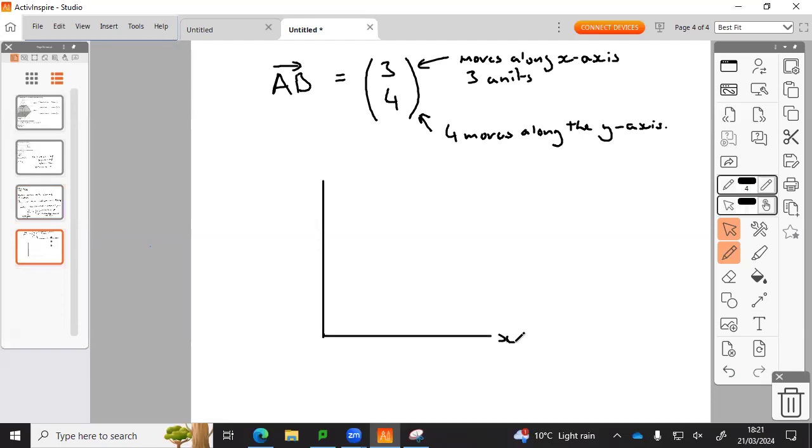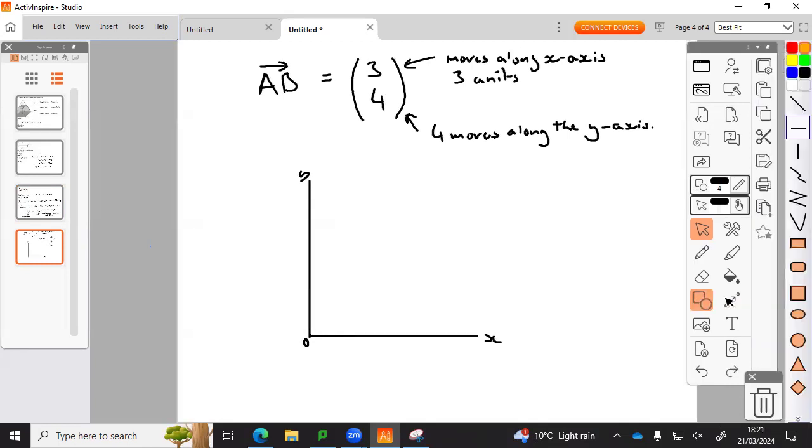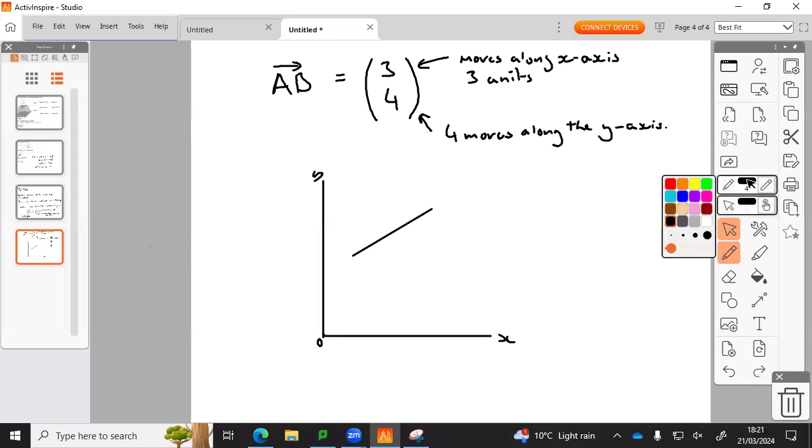Okay, so if I'm just drawing out like we usually do, the Y axis being vertical, for our origin, we've got the X axis. That vector is just a line somewhere in space, it doesn't tell me exactly where.